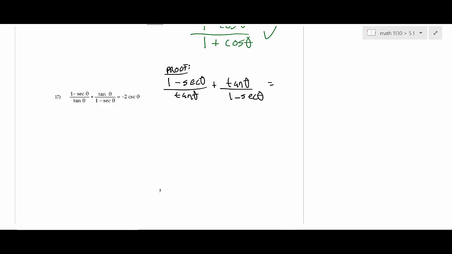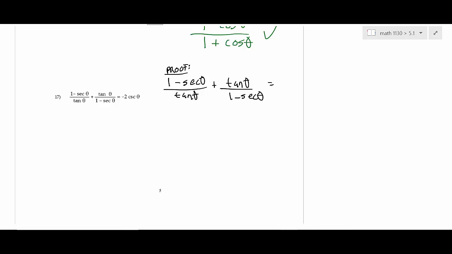I'm going to do the problem that way because a lot of times on MyMathLab, they'll guide you through the proof, so they will say change everything to sines over cosines. That's a general strategy that usually works well.